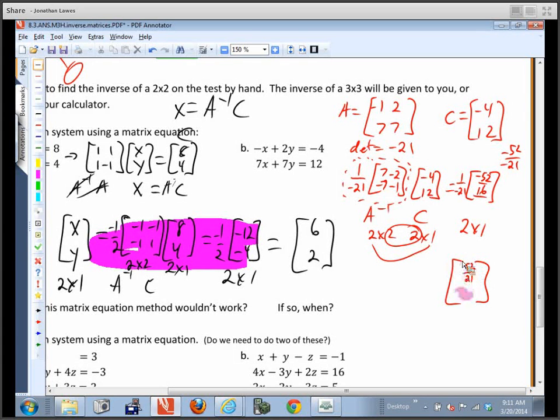The next one's going to be negative, and that's just going to be 16 21sts. And remember, it said the variable matrix was the matrix X, so this is X and Y, so you can see X has to be 52 21sts, Y has to be negative 16 21sts. Any questions?